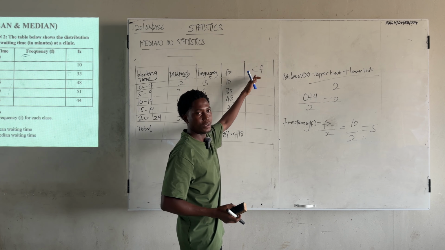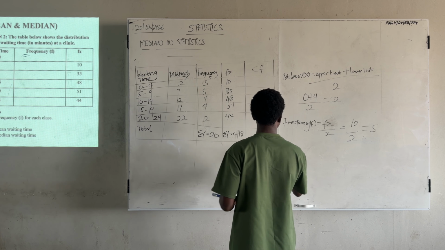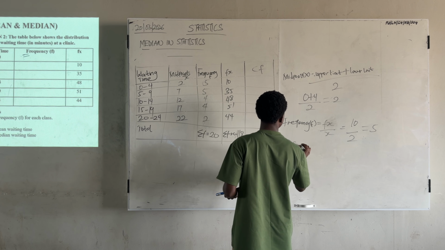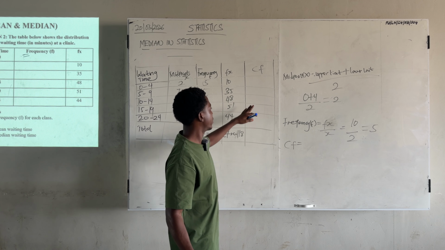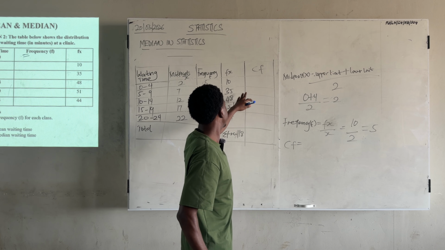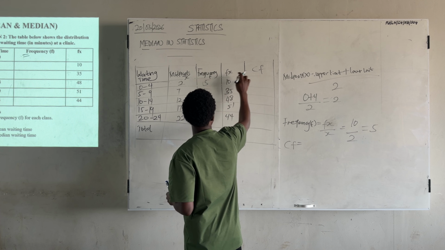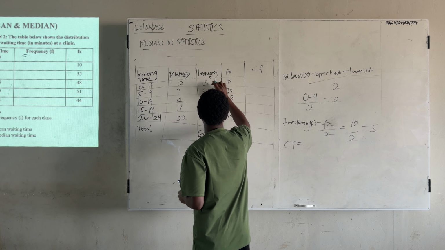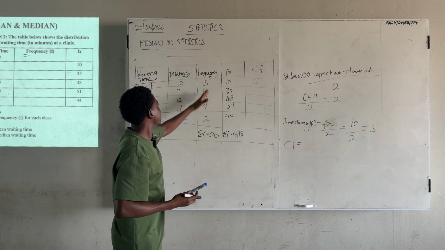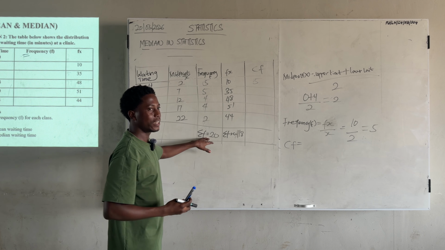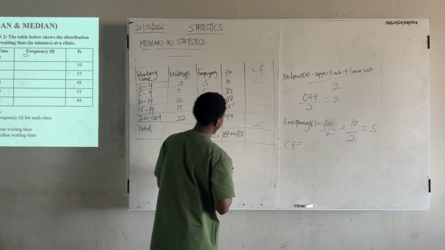Now let's find our cf. Remember, there are some principles when finding our cf. The first principle is that the first frequency is equal to the first cf, that is 5. The total of the frequency is the last cf, which is 20.